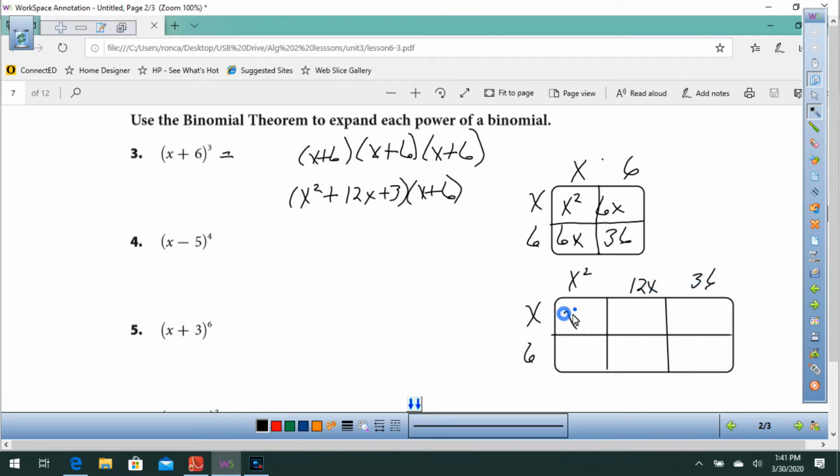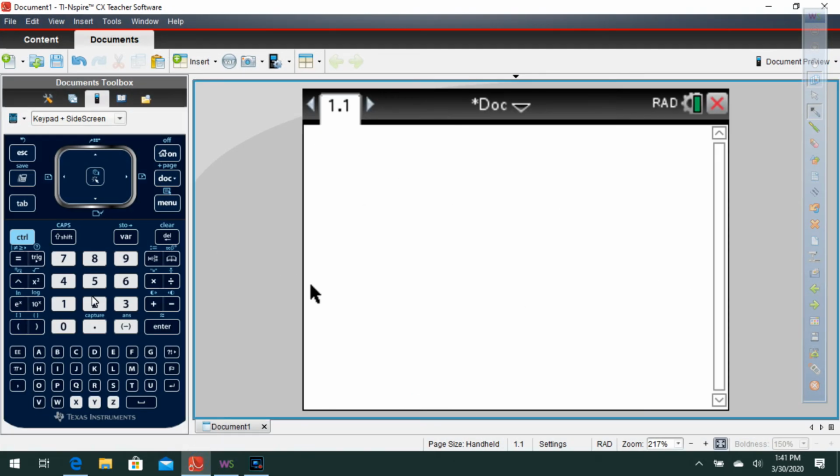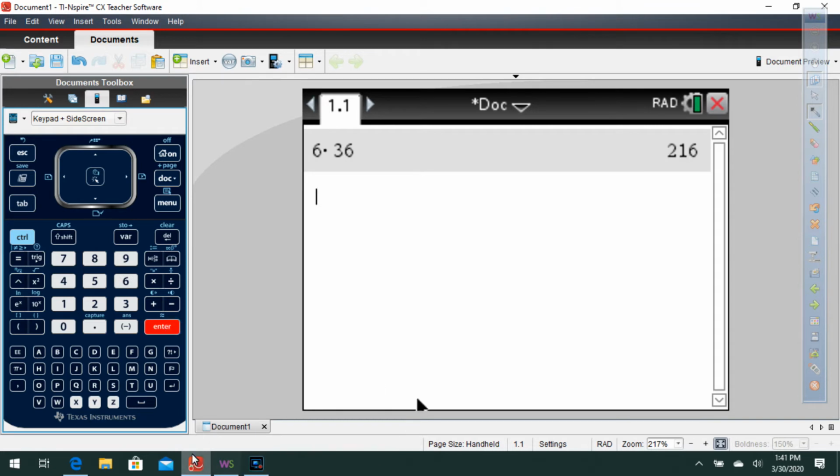X times x squared is x cubed. X times 12x is 12x squared. X times 36 is 36x. 6 times x squared is 6x squared. 6 times 12x, that's 72x. And then 6 times 36, 216.